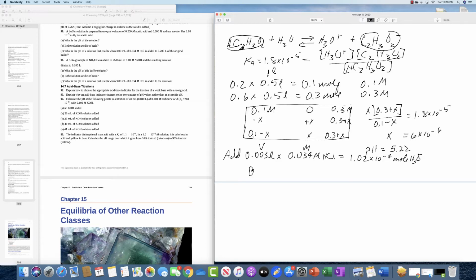So if we take 0.1 plus 1.02 times 10 to the minus 4, we get 0.1001 moles of HAc, which is HC2H3O2.